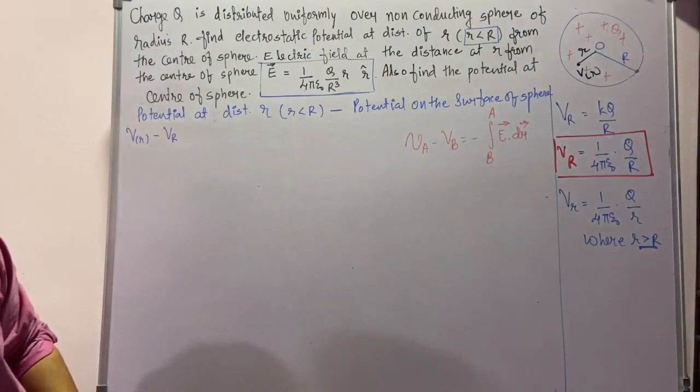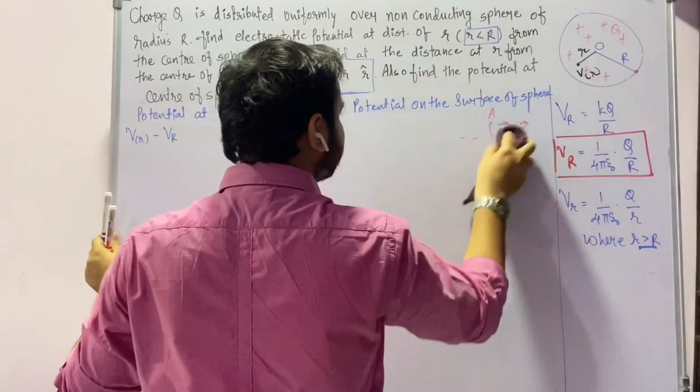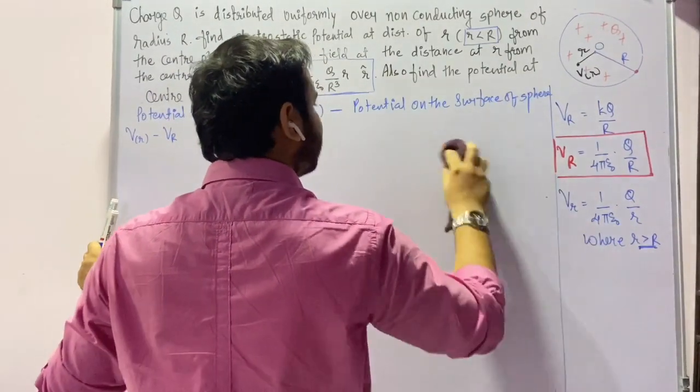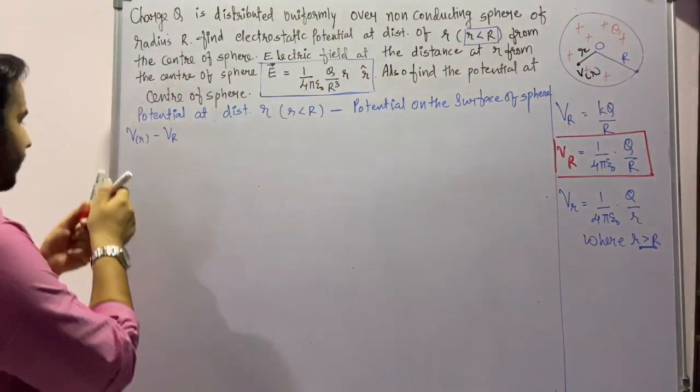Potential on the surface of the sphere. Now, this is equal to this.